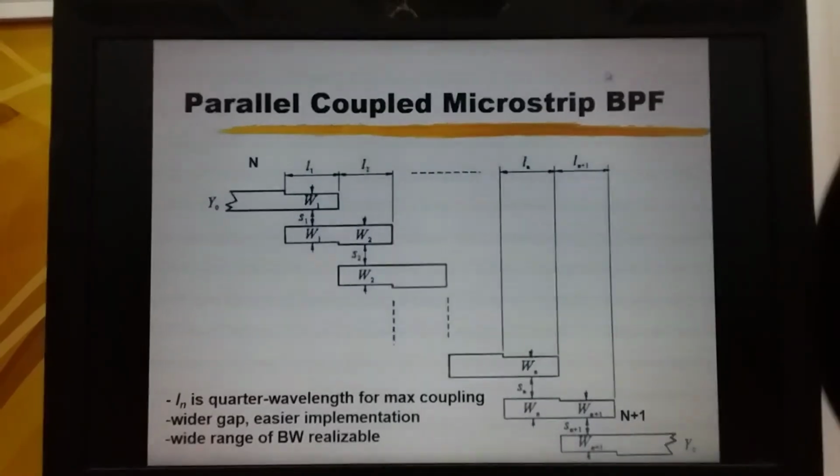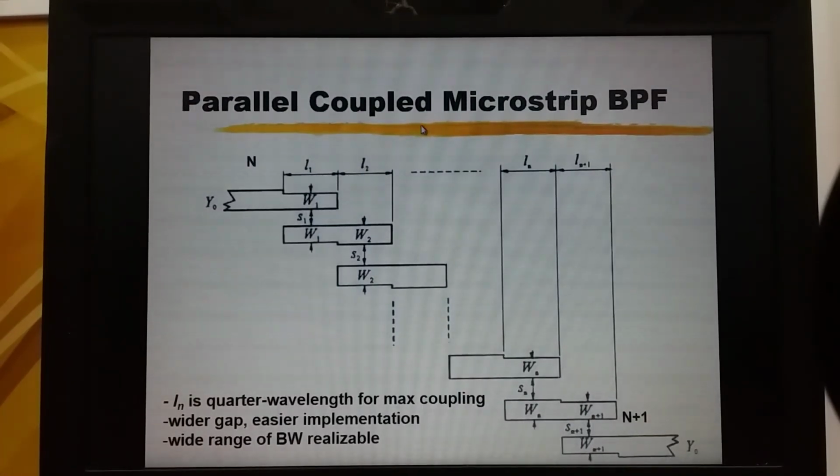Another type of bandpass filter is the parallel coupled microstrip. In this case, similarly, we have a half wavelength resonator open circuit at the end. Or we can consider this resonator as two quarter wave resonators connected together, each having a different line width.